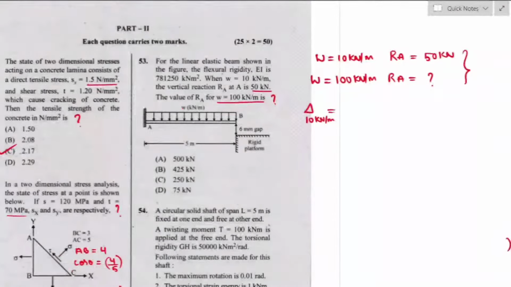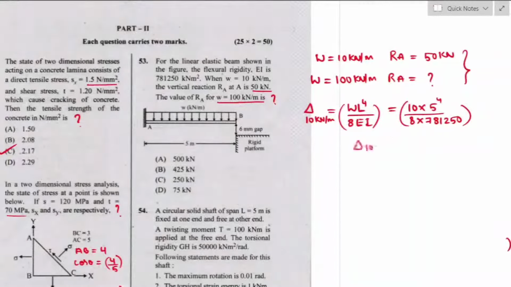It is given by the formula WL to the power of 4 by 8EI. W is the intensity of the load, that is 10 kN per meter. L is the length of the cantilever beam, that is 5 meter, so 5 to the power of 4. EI is the flexural rigidity, 781,250 kN meter square.